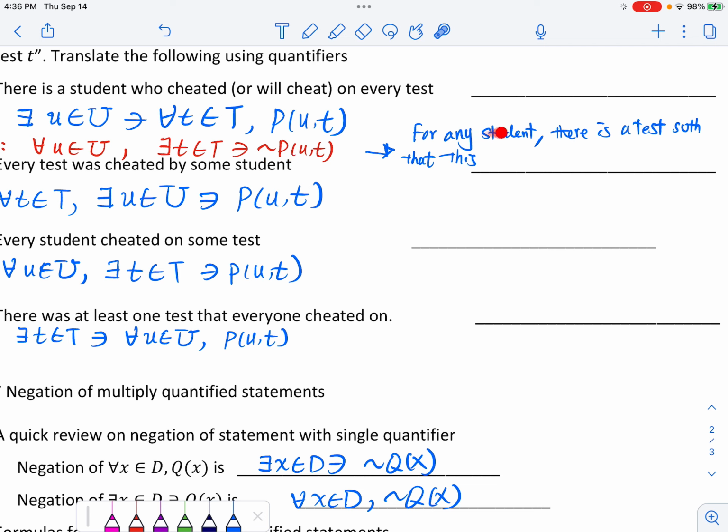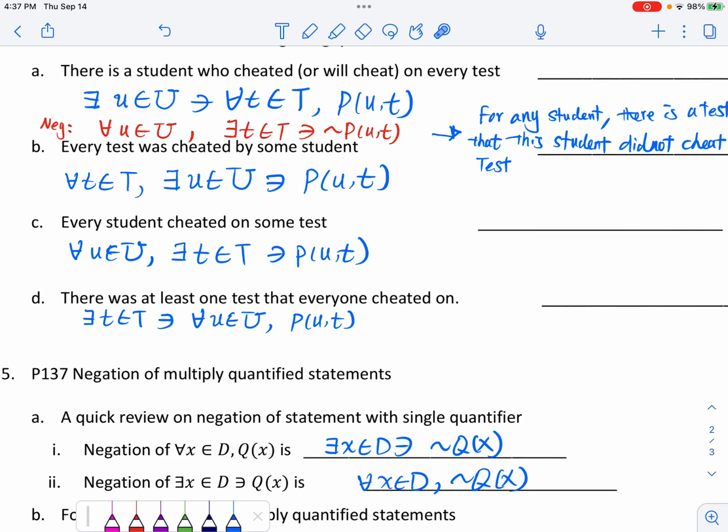So you first select the student, for any student, so that this student did not cheat on that test. So basically, in other words, any one of those students did not cheat on some test. Basically, that's what it was saying.